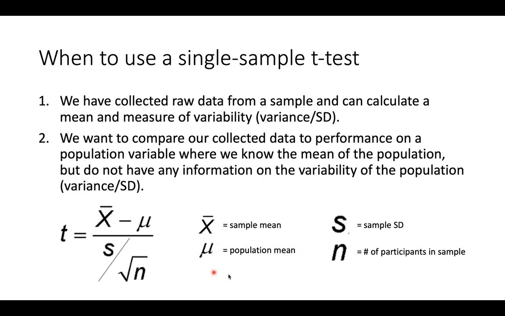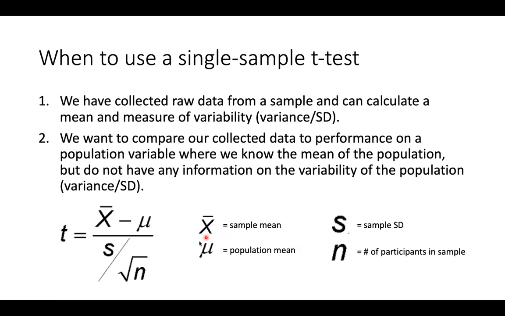We have millions and millions and millions upon millions of data points. We know the population mean. So this situation is when we're comparing a small group of people, our sample, and we're seeing how they stack up against a known population mean, but we don't have the population standard deviation for whatever reason.